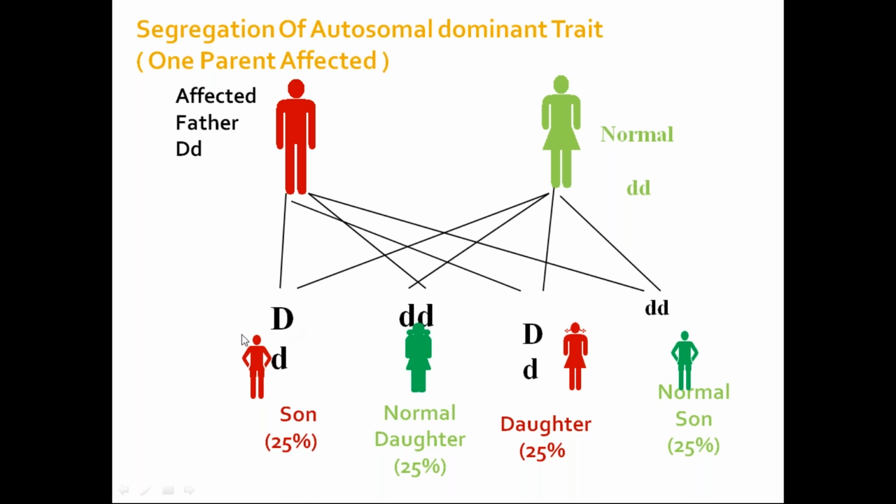In this, 50% are affected, and one son and one daughter are equally affected, so both males and females are affected. This is called an autosomal dominant condition. If one parent is affected, in each and every generation 50% of children will be affected. Small dd is normal, a normal son or normal daughter. Only the father is affected here, with one gene only, the capital D.